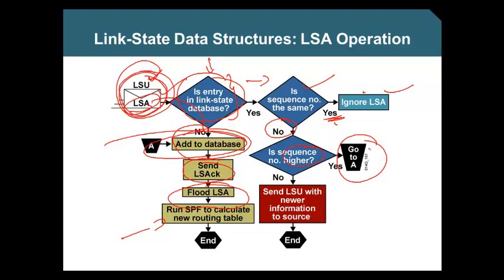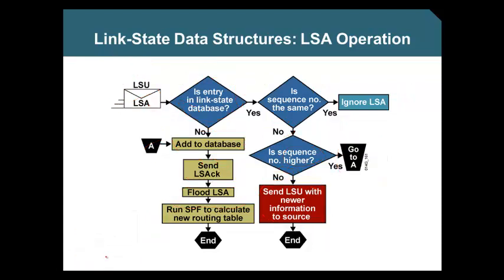If it is not higher, which means the incoming is lower, which means I am already updated and the sender is not updated, so I'll send my LSDB to the sender saying, sender, you are outdated. First you update yourself. Take this. So this is how, with the help of sequence numbers, OSPF routers will know whether they are fully updated or not. Every time a change happens, the sequence number gets incremented.